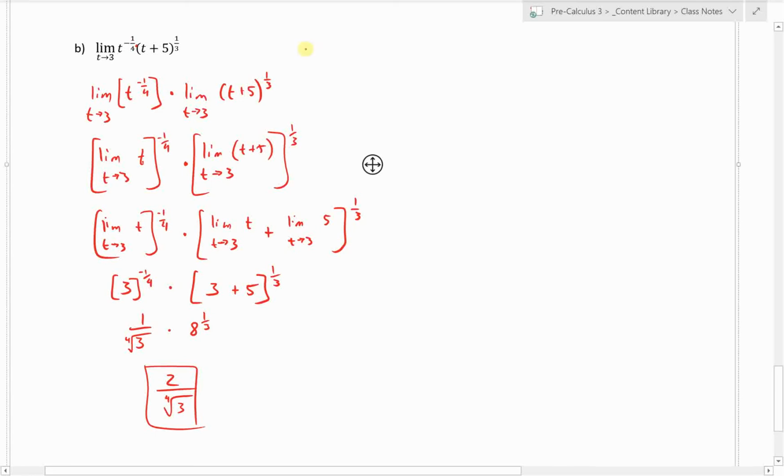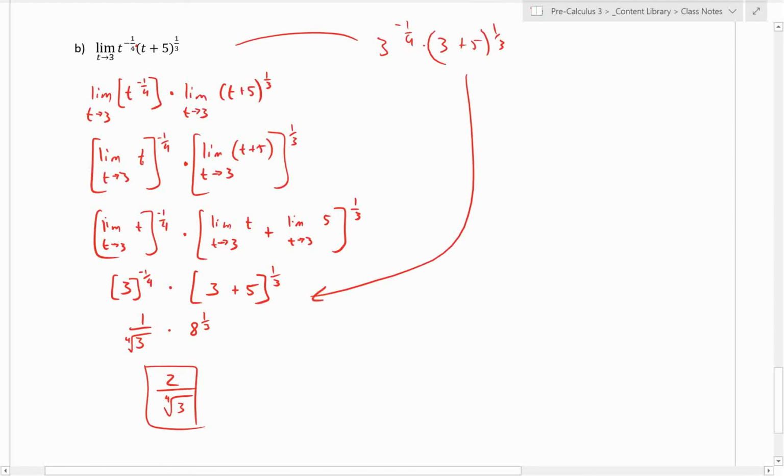If I had just started up here and said, well, let me just plug 3 in for t, and say 3 to the negative 1/4 times 3 plus 5 to the 1/3, I would immediately go right down to that step. And you're probably looking at that saying, well, why do we have to do all this convoluted work of writing all these things out and writing 100 limits instead of just plugging it in?